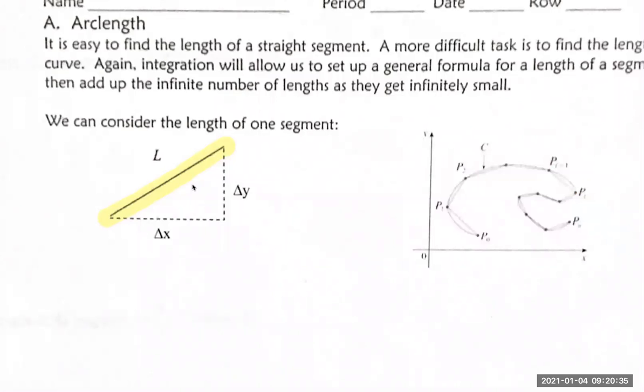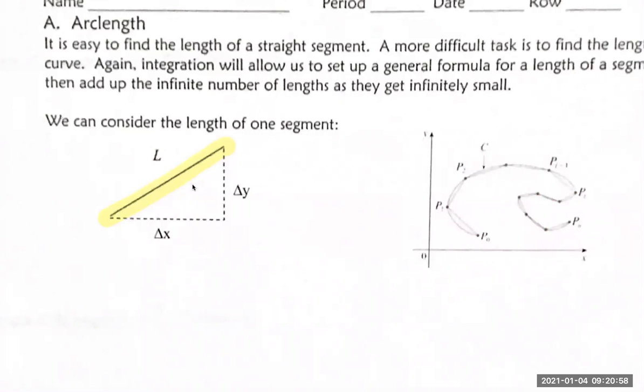However, what we're going to do instead is keep it like this, but understand that as we find the length of this entire curve, we can find the length of each one of these segments that we're connecting along the way to get from each point to the next. Then we sum up the lengths of all of that.